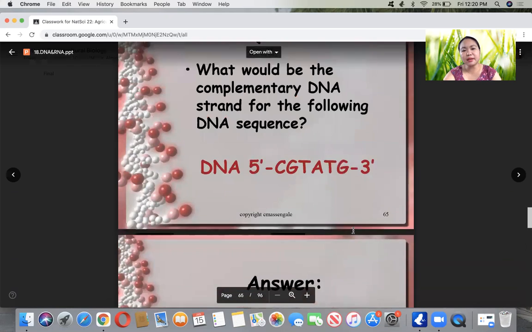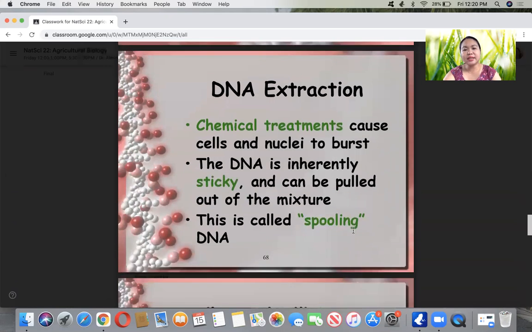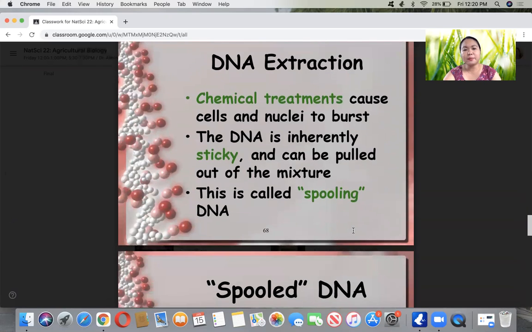So let's talk about DNA technology. In DNA extraction, chemical treatments cause cells and nuclei to burst. This DNA is sticky and can be pulled out of the mixture, so it's called DNA spooling.